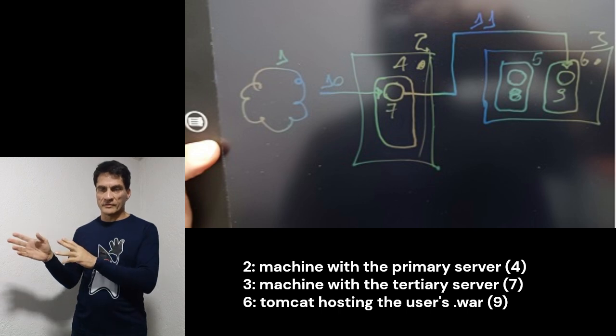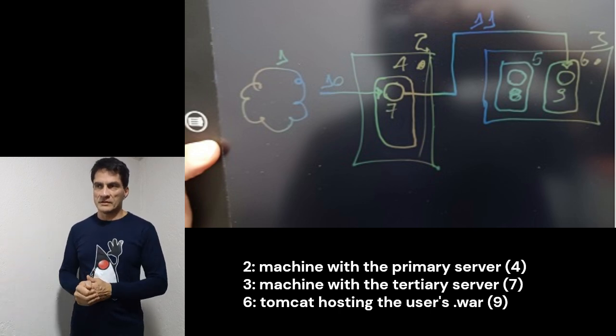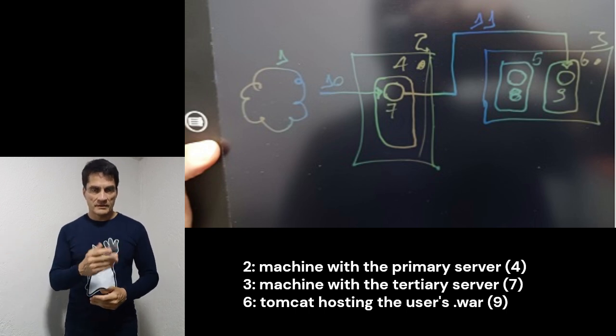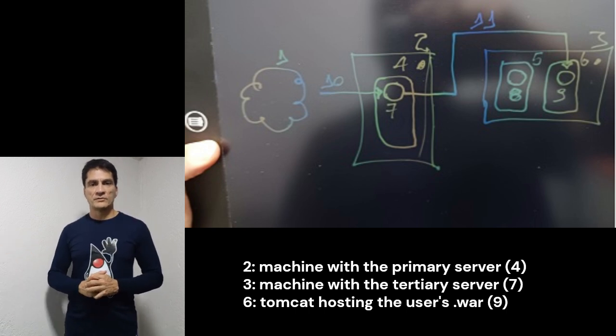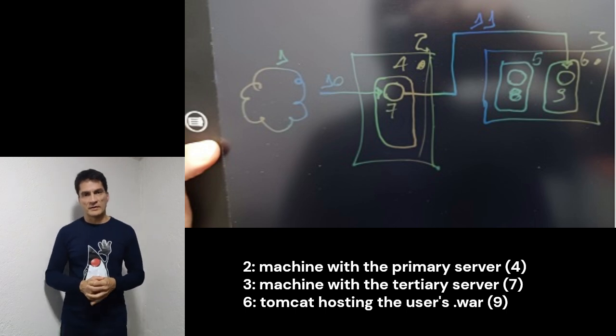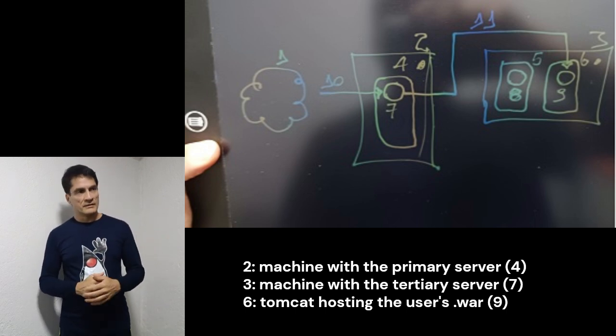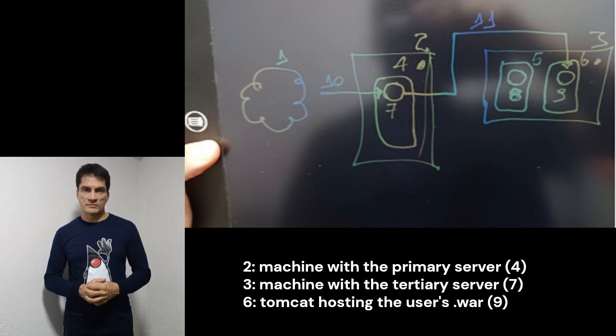The tertiary server runs the code to perform the request, hands the data back to the primary server, and the primary server sends a response back to the client.